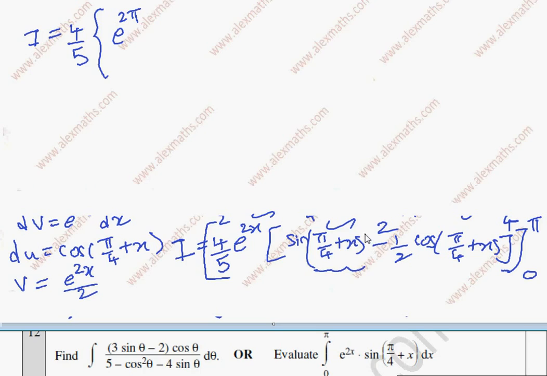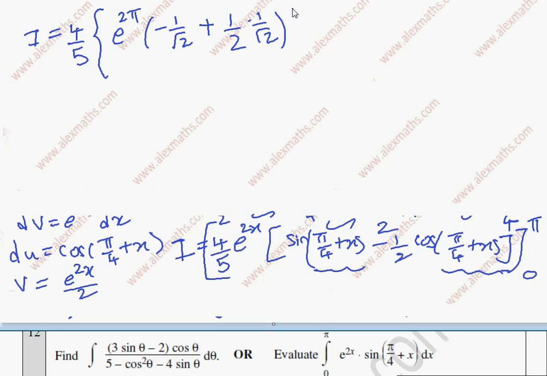Okay, it will become minus sine pi by 4, which is minus 1 by root 2, because it will be in the third quadrant. Then minus 1 by 2, if I substitute pi here, it will become minus cos pi by 4, but I can put plus cos pi by 4, which is 1 by root 2.